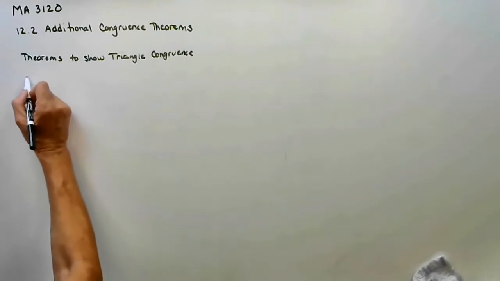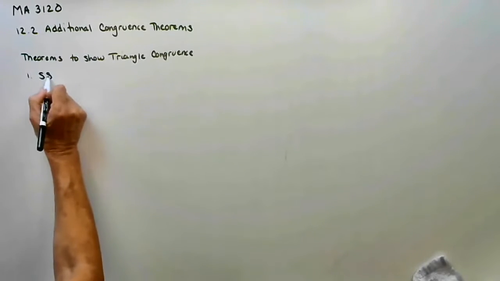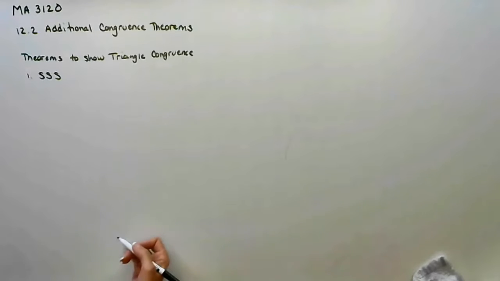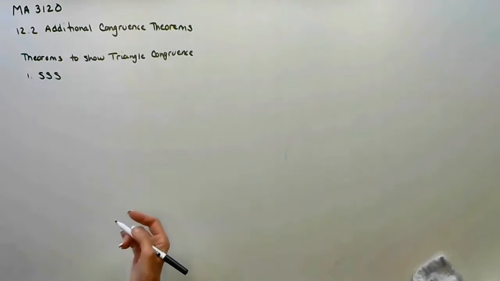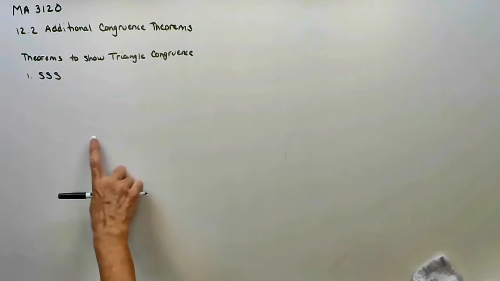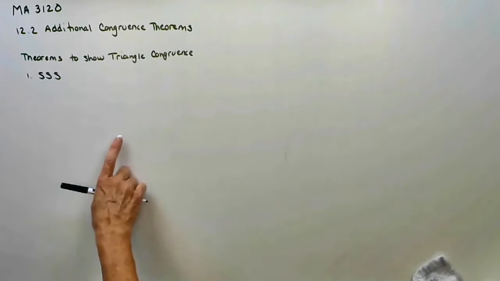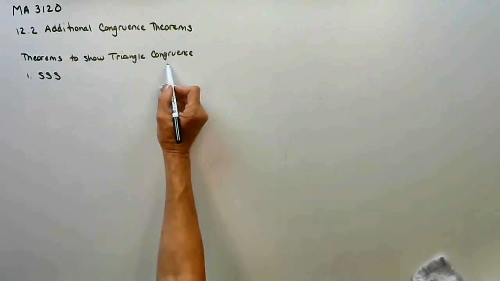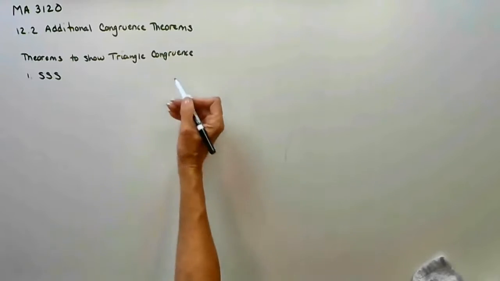We have the side, side, side theorem, which just says if all three sides of one triangle are congruent to all three sides of another triangle, then the triangles themselves are congruent. And remember, congruent means all angles are the same, all line segments are the same. So all angle measures are equal, all side lengths are equal.